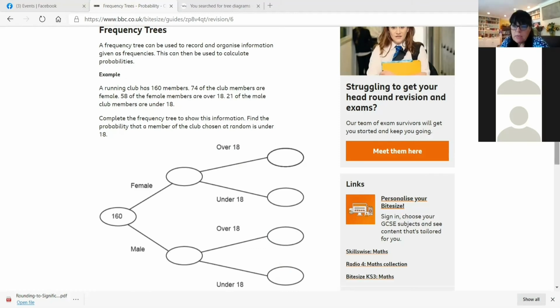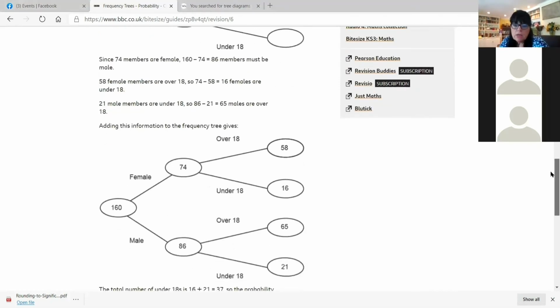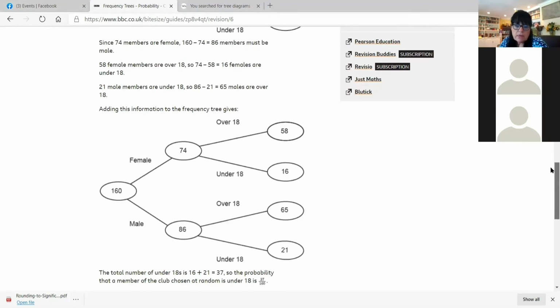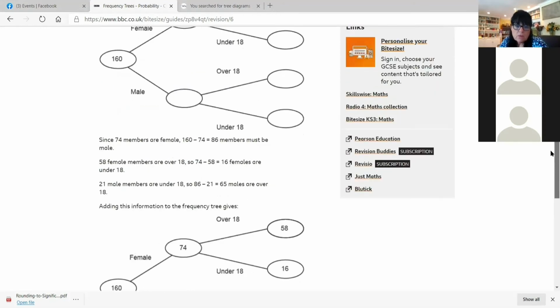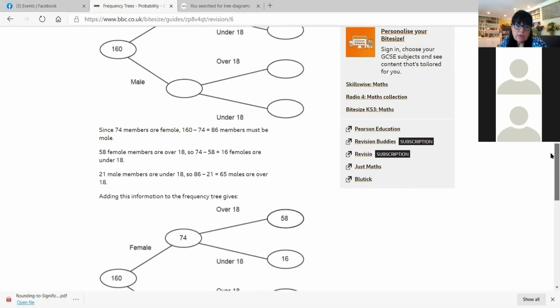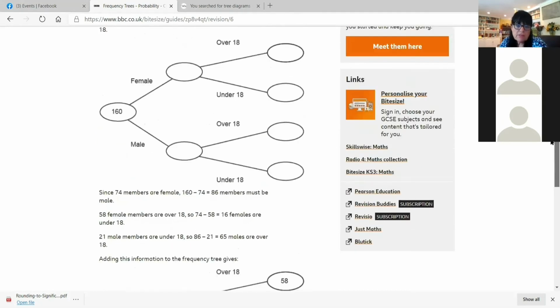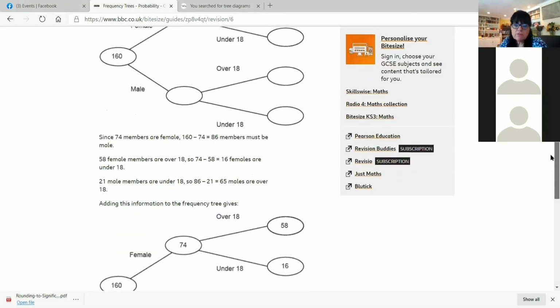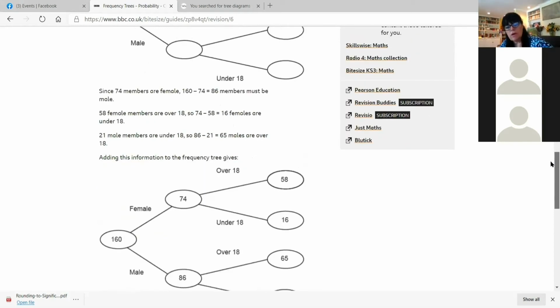All right, let's go down. Now here, what have they done? Oh, I see what they've done. They've said 74 of the members are female. 160 minus 74 is 86. We already knew that, so you're happy with that one.